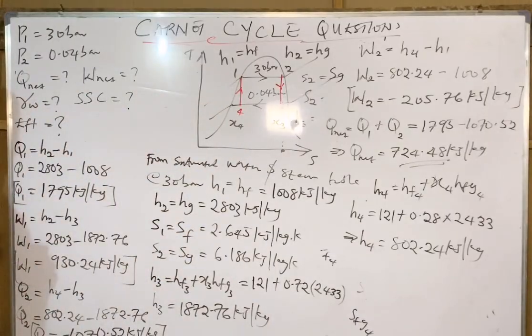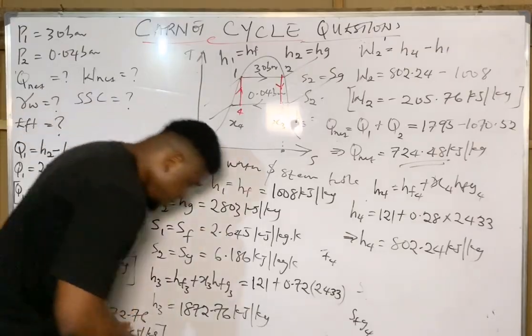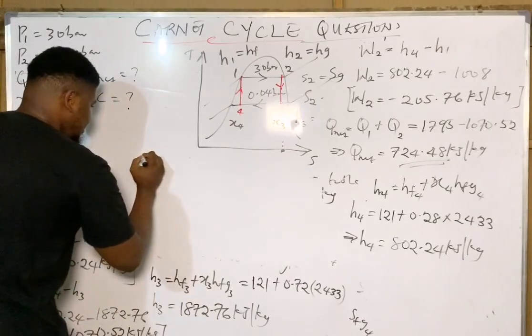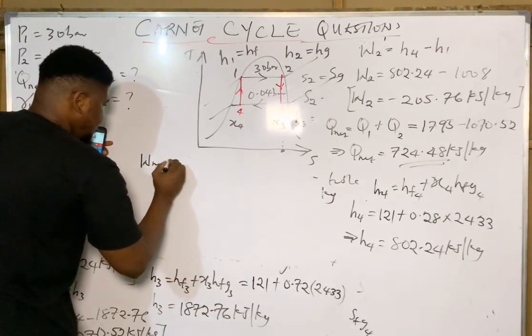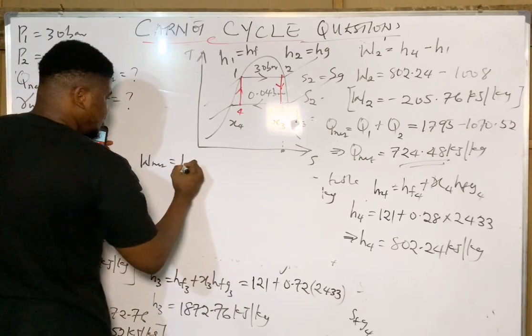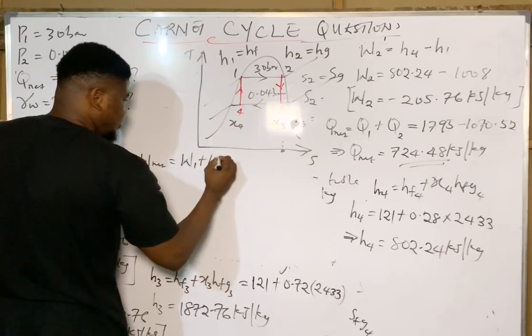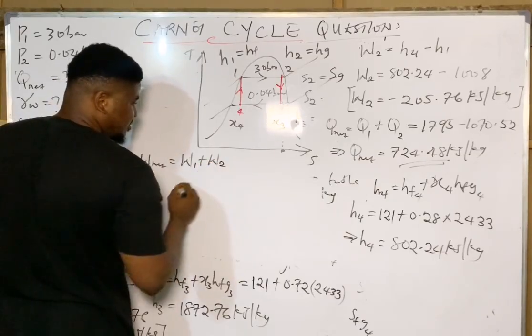The next question says the net work transferred. The net work is going to be equal to the work done by the expander, W1, plus the work done by the compressor, W2.